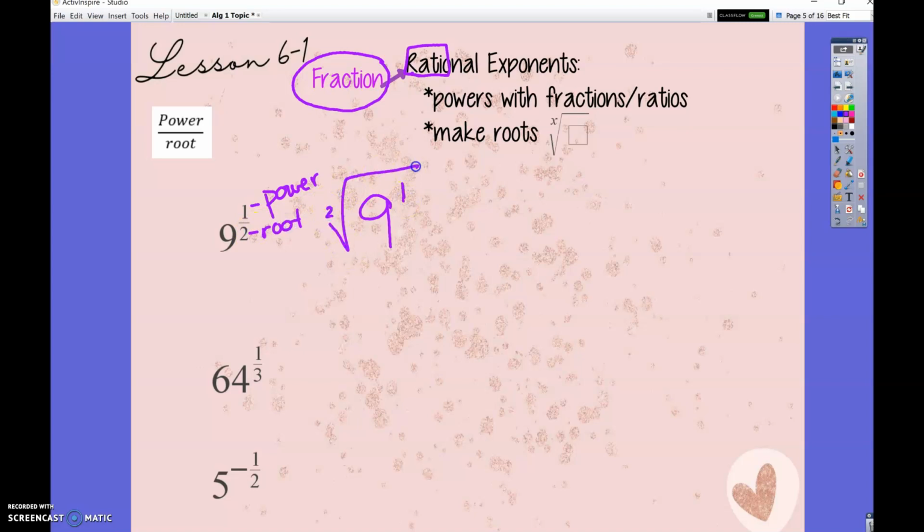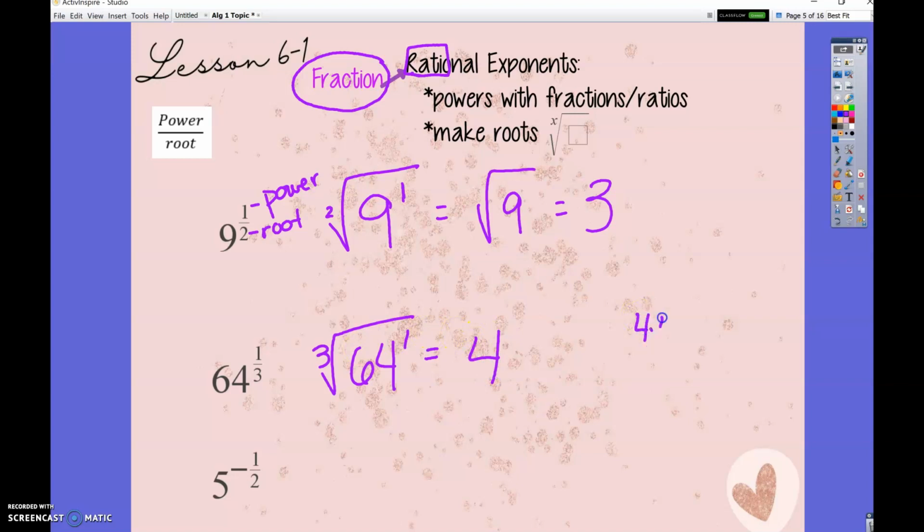I want to take the square root. Well, 9 to the first power is 9. So the square root of 9, that means what times itself makes 9? That'd be 3. If you ever had 64 to the 1/3, my power is 1. My root is 3. Of course, 64 doesn't change, but what times itself makes 64? That's 4. And that's because 4 times 4 times 4 is 64.